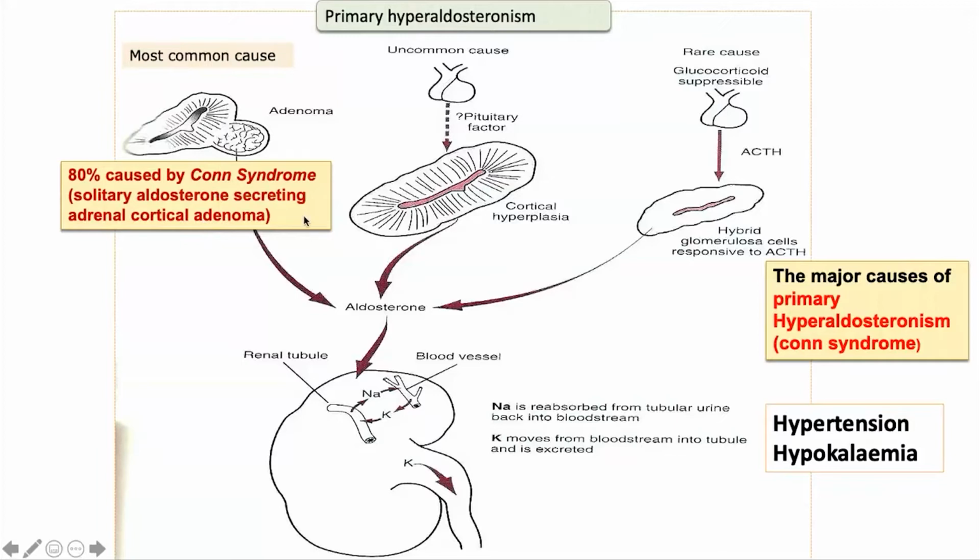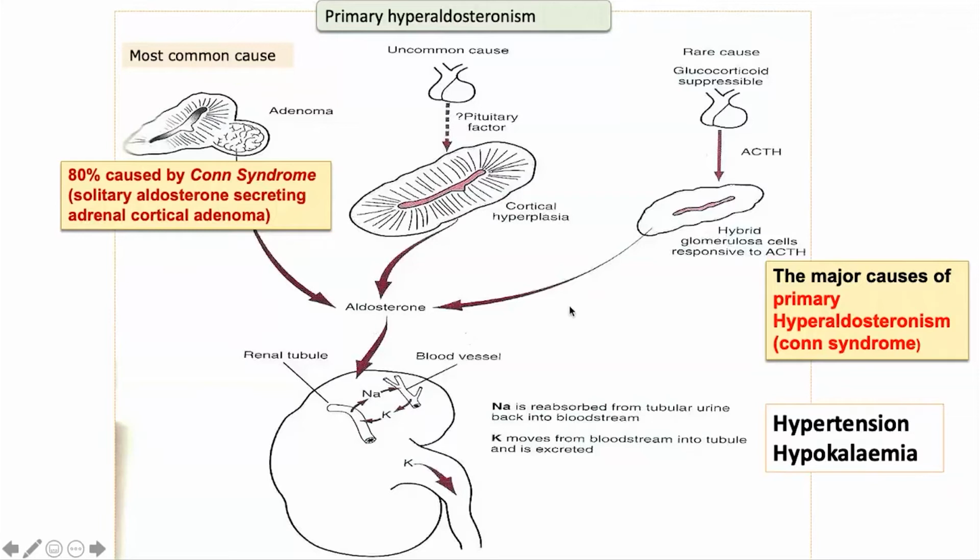Cushing syndrome is a solitary aldosterone-secreting adrenocortical adenoma. All right, and then we may have aldosterone from another source, like cortical hyperplasia, which is uncommon, and like the granulosa cell. Hybrid granulosa cell responsive to ACTH is also uncommon.